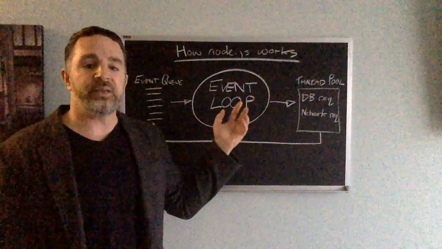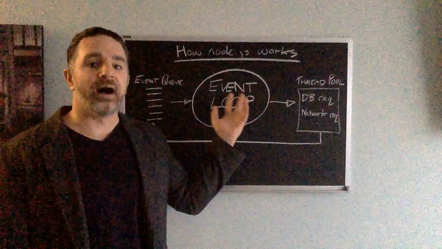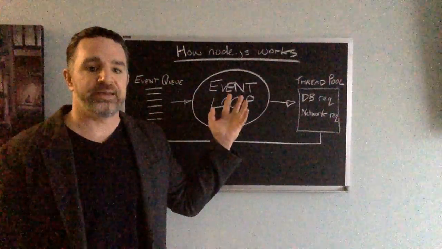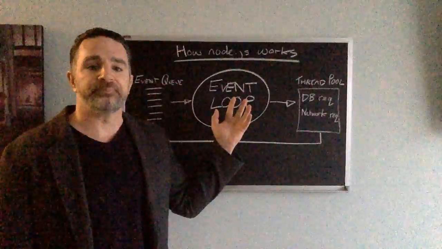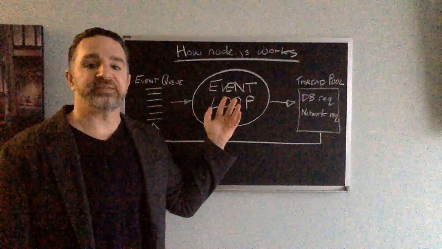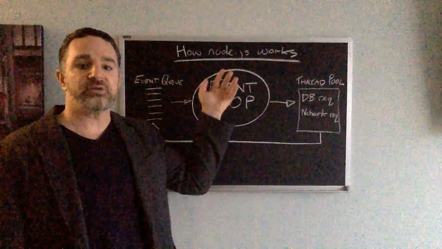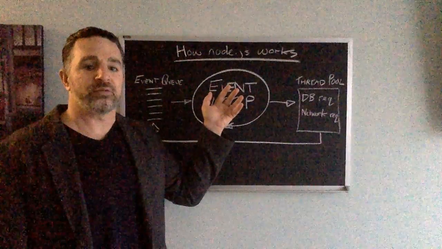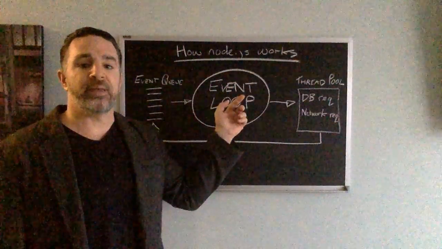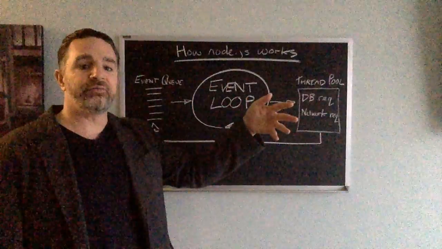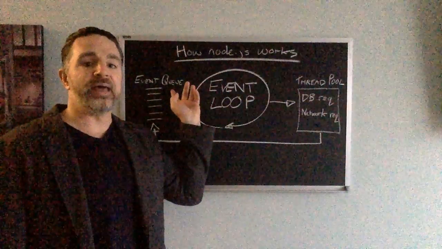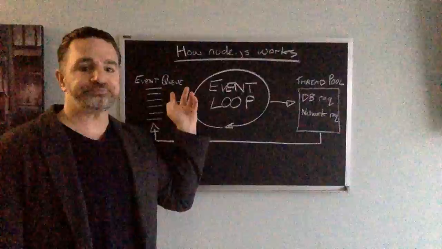We don't want to be waiting and standing idle. JavaScript doesn't want to be standing idle while that is happening. So when you hear non-blocking, that's exactly what it means. The JavaScript thread is not being blocked by waiting for this Twitter API. It's passing it off to the thread pool and then moving on to the next event.